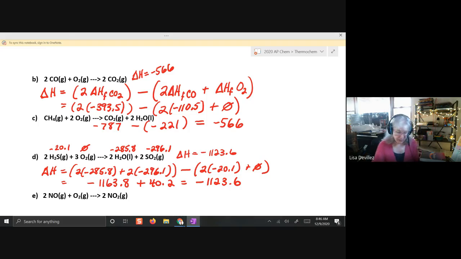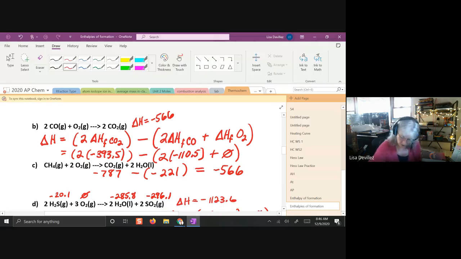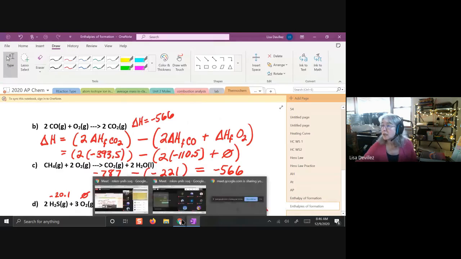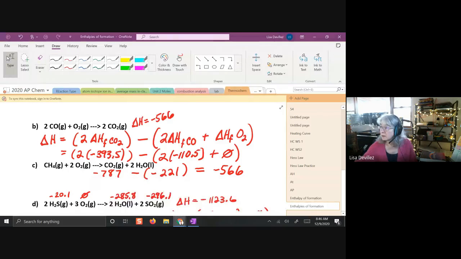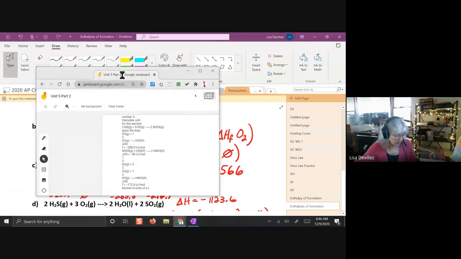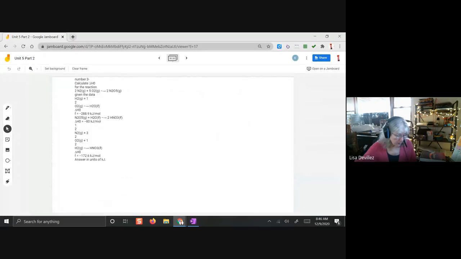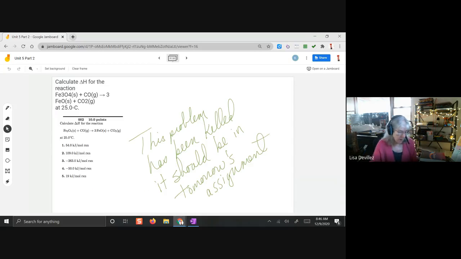Okay, so let's break from that, because I think I saw some stuff on the Jamboard today. Let me find it. There it is. I think I answered the one there. I did omit one, which, as of today, you could technically do, but somehow I had one slip in that needed delta H formation.